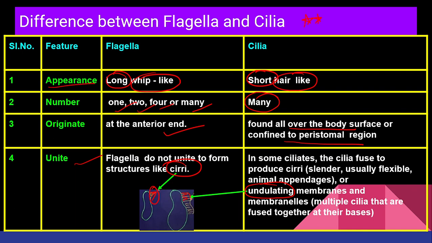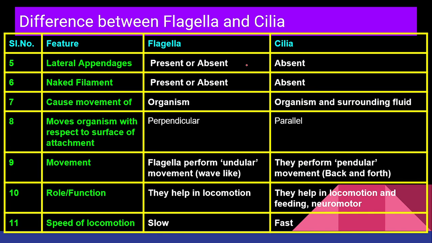So due to the movement one by one, what will happen? There will be a wave-like movement which we call undulating. Undulating means wave-like. So do we see cirri in flagella? No, we will not see any cirri in flagella. Flagella do not unite to form cirri, but we will see cirri and undulating movement in your cilia, right?